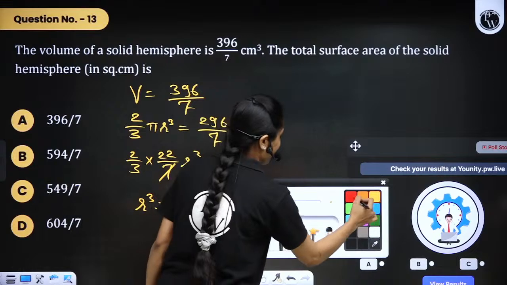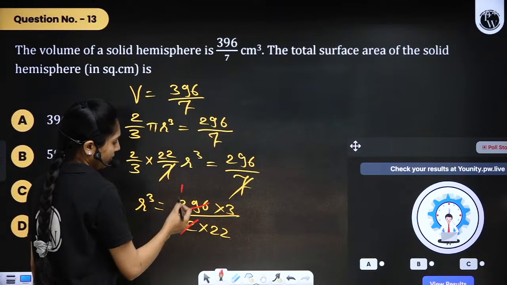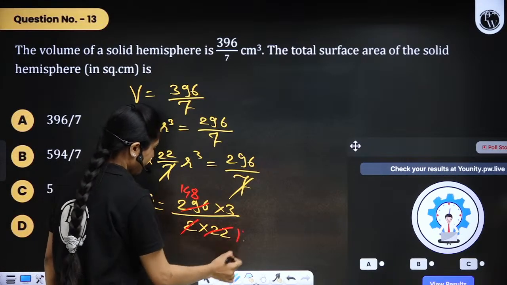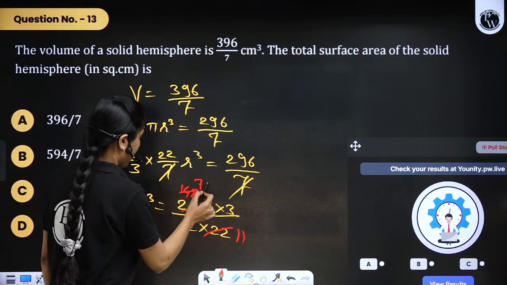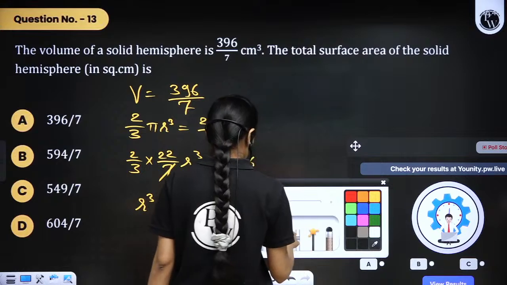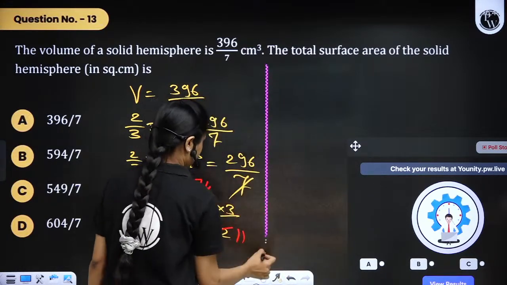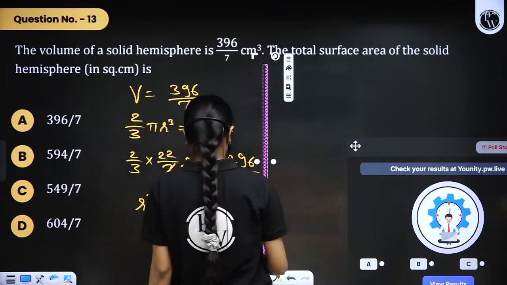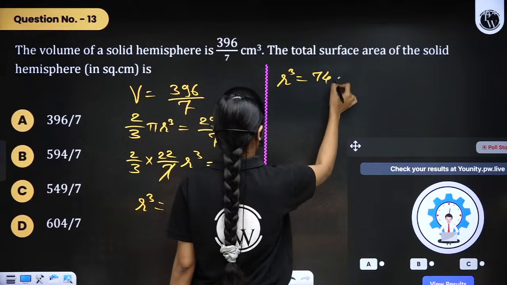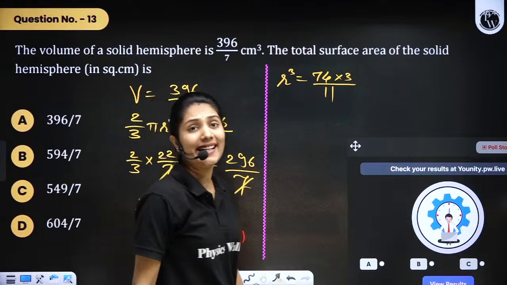Now let's simplify it further. 2 ones are 2, and 4 are 148. 2 elevens are 22, and 4 are 74. So r cube is 74 into 3 by 11. What we have to find is the total surface area, right?